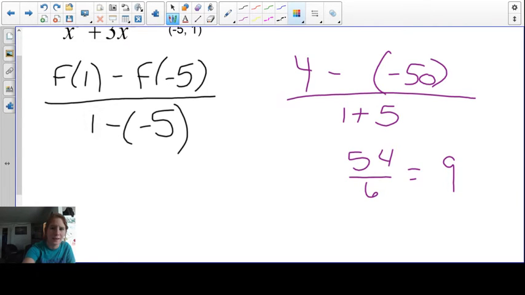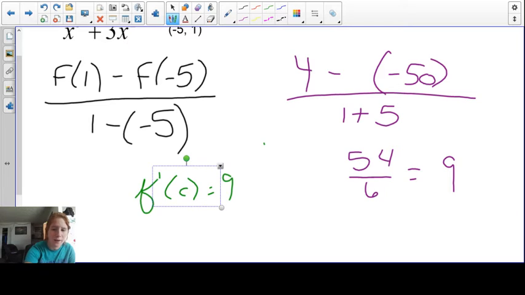So what that's saying is that at that c value, f prime, the derivative of my function, not of x, is 9. So that y value is 9 in this case. So they're both going to hit the value of 9.